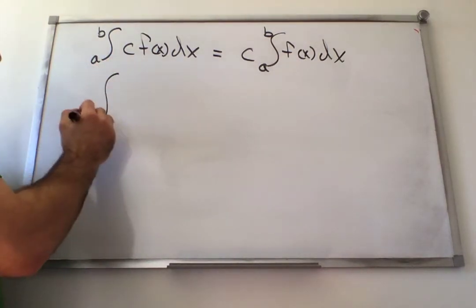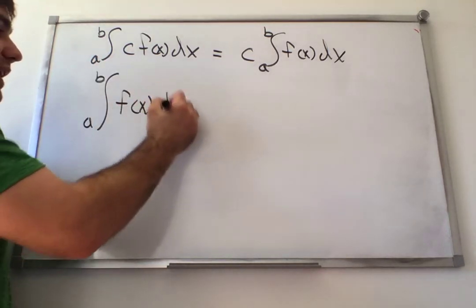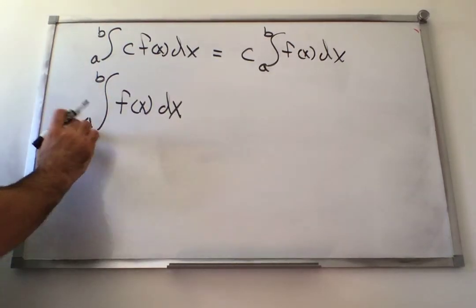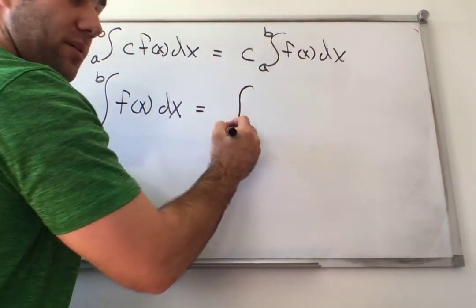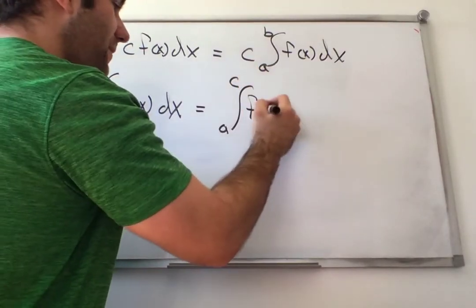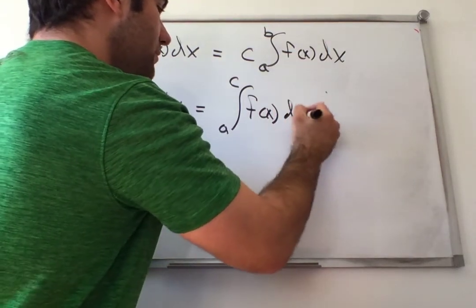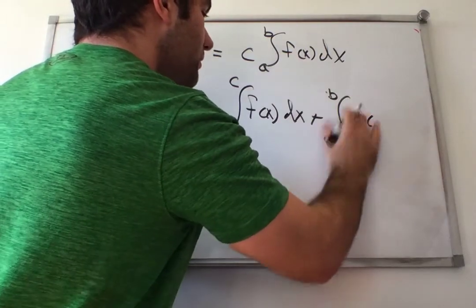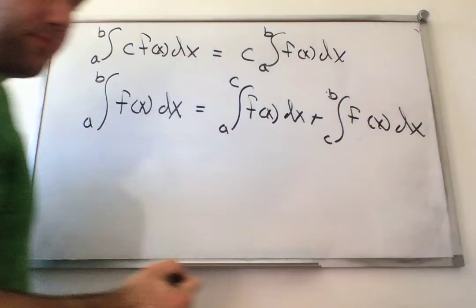Now, here's the idea of splitting up a jump discontinuity. The integral of f of x from a to b is equal to the integral from a to c of f of x dx, plus the integral from c to b of f of x dx.